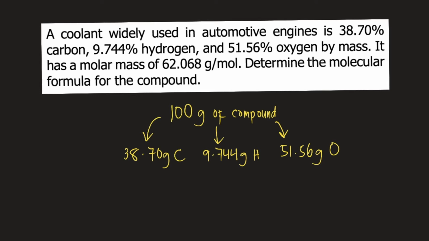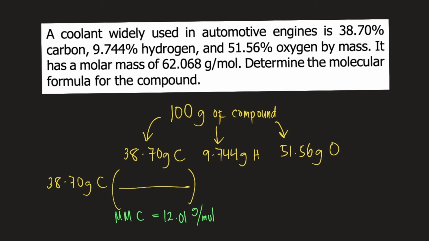The next step is to convert each mass into moles of the elements. Let's start with carbon. The mass of carbon is 38.70 grams. To convert this into moles, we need the molar mass of carbon, which is 12.01 grams per mole.